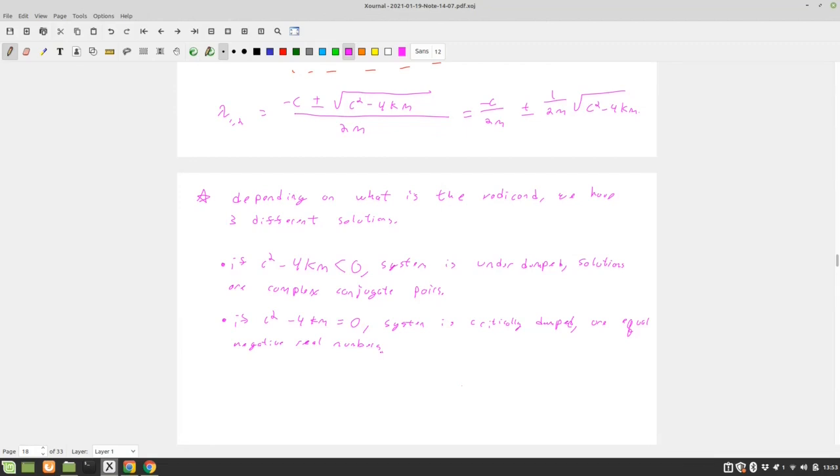Okay, and then our last one is if c squared minus 4km is greater than 0, the system is overdamped, and the solutions are distinct negative real numbers.